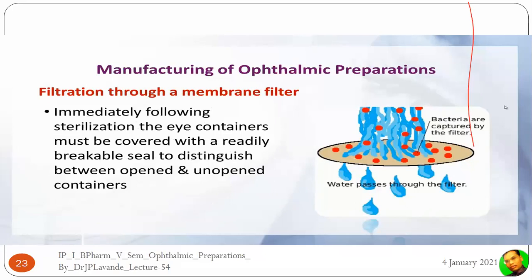This is most important because once sterilization is over, to identify which container is opened and which is unopened, and to maintain the sterility of the product, this sealing is required, and that seal would be of a radially breakable type.